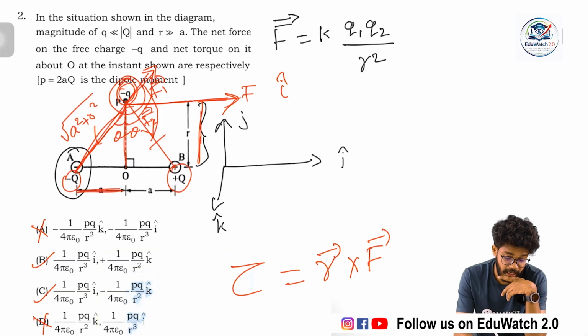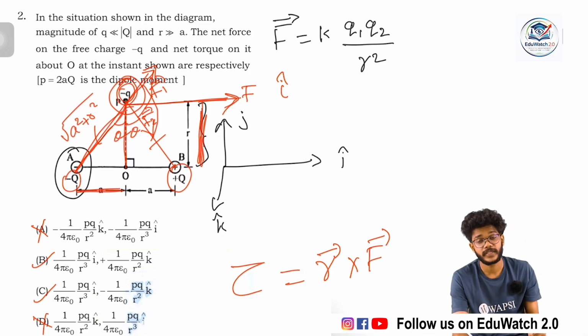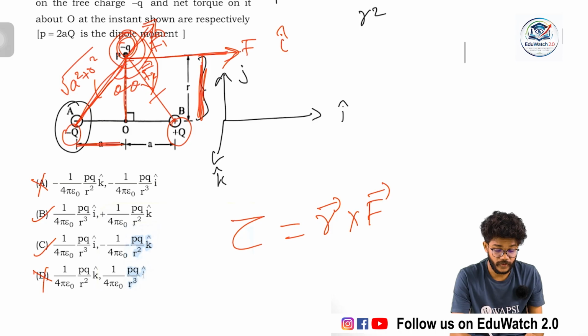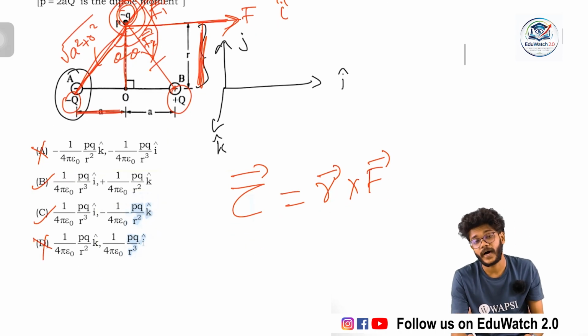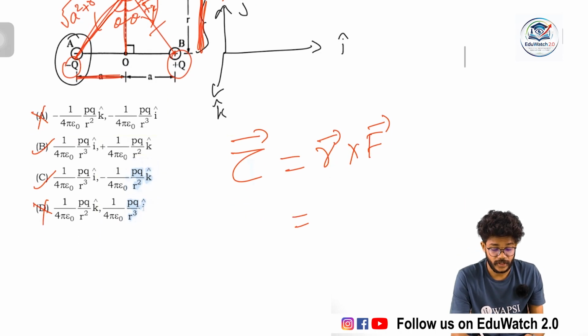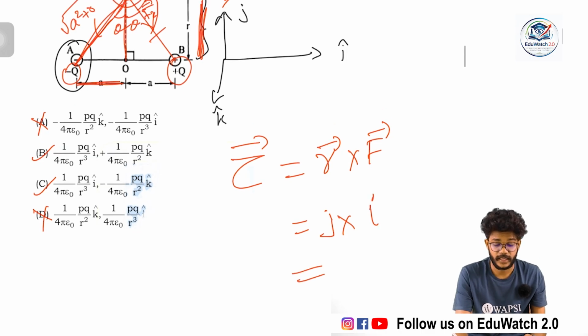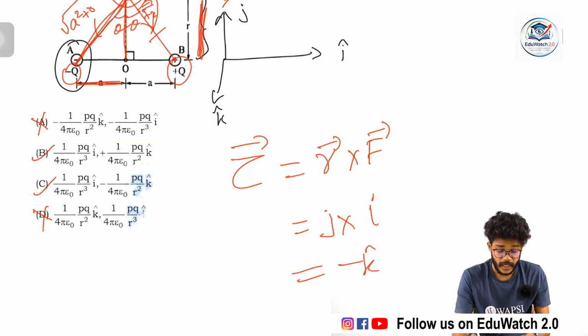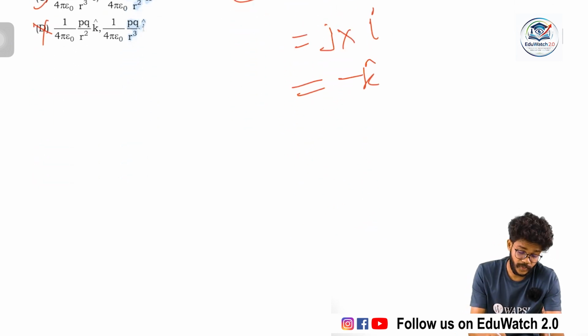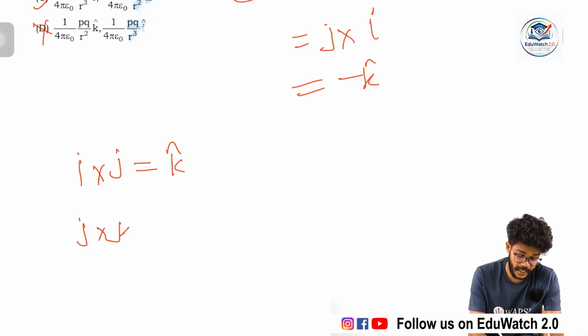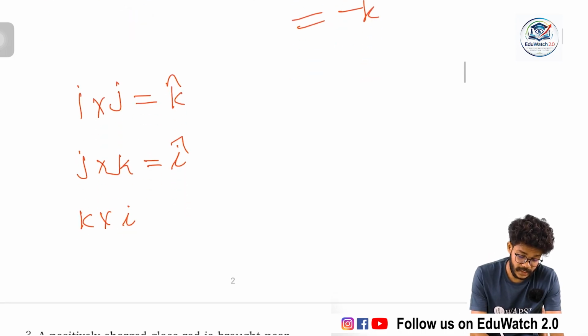This length is R and it is directed towards J. So the direction of torque is the cross product of R and F. So the direction of torque will be J cross F, which is I, so J cross I. J cross I is minus K, because in cross product I cross J is K, J cross K is I, and K cross I is J.